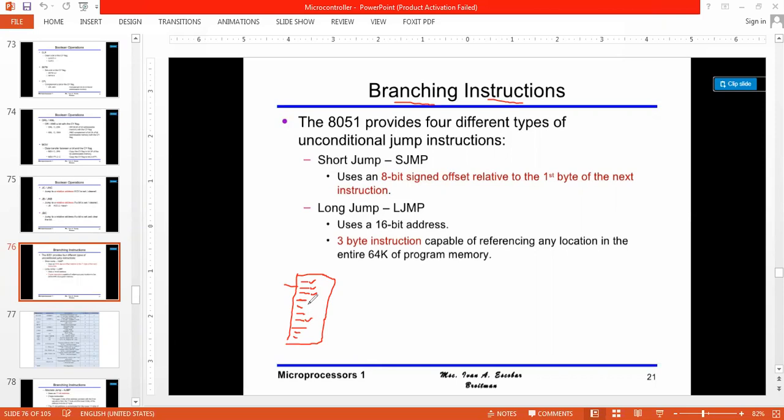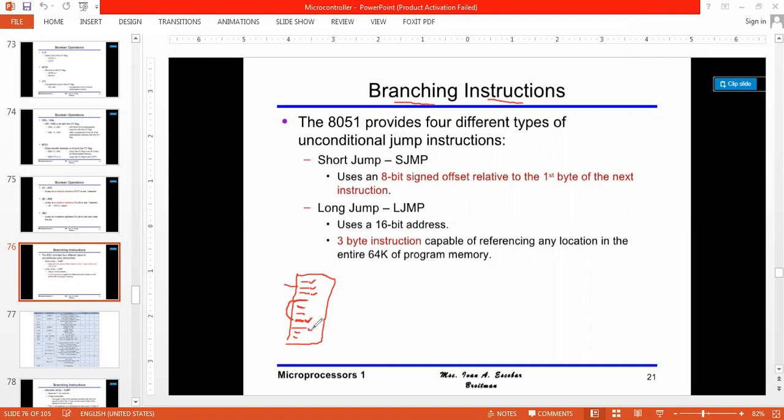Then in the fourth instruction, what I will write? Jump, with condition or without condition, to the seventh location. So the processor will jump to the seventh location. It will execute the seventh instruction.